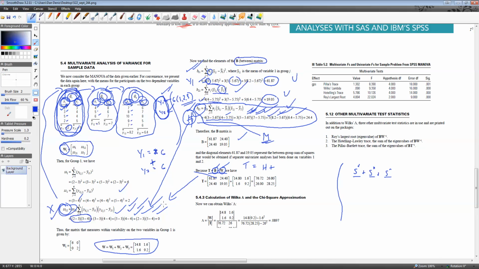It's like the denominator we just have to compute, where all the good stuff is happening up here. So you can call that the error matrix. The total is equal to the hypothesis plus the error matrix. That's probably a better way of writing those things than between and within, because it really tells you what the between is doing.